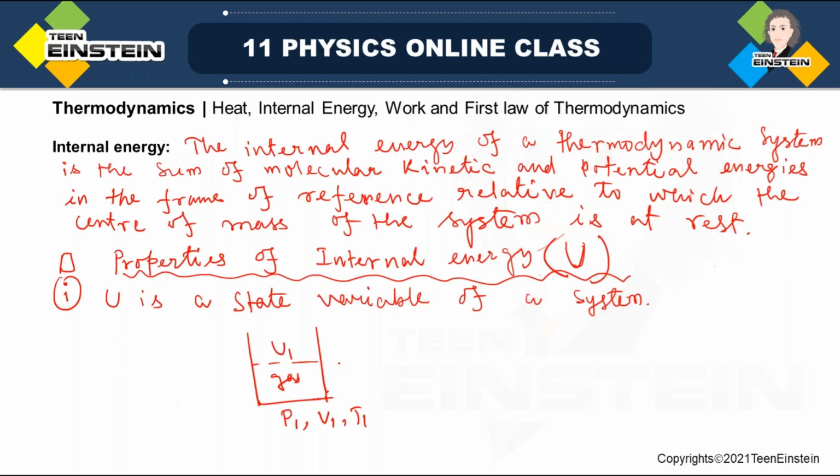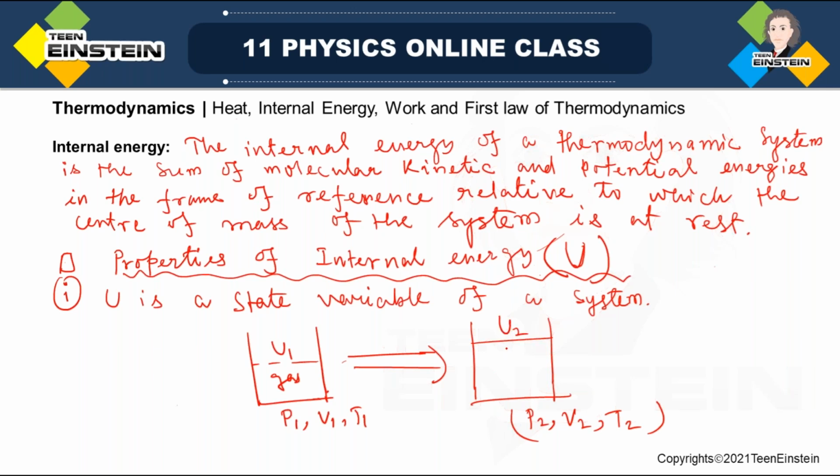Now suppose I change the state of the system to P2, V2, and T2. Then it has internal energy U2. Look, I can arrive at this state from the first state in at least two different ways.